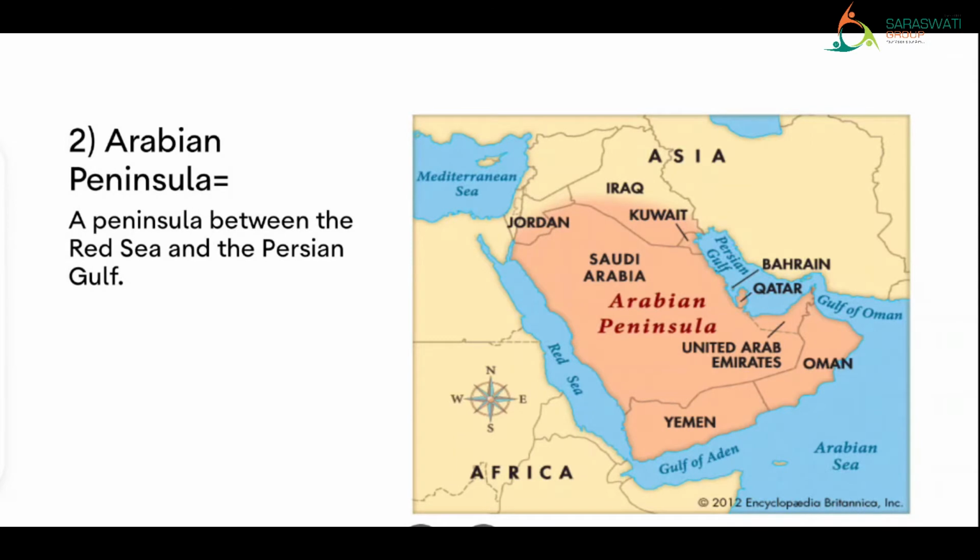Down you can see the Gulf of Aden. Then towards the east you have the Gulf of Oman and the Persian Gulf. So this Arabian Peninsula is surrounded by water bodies on three sides, right? So this part is called the Arabian Peninsula.